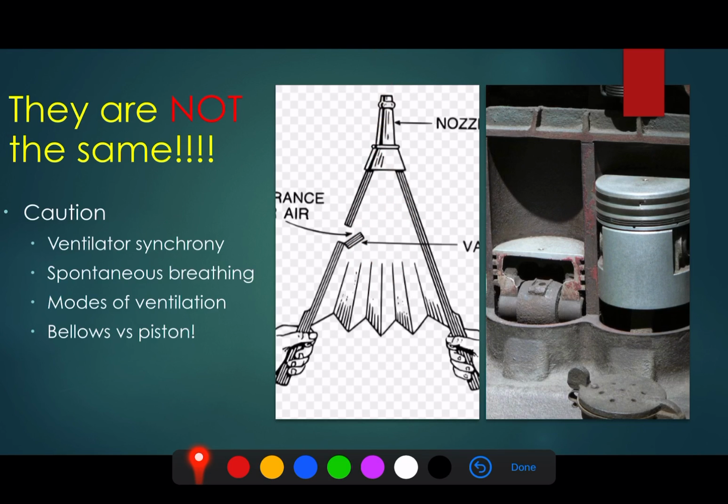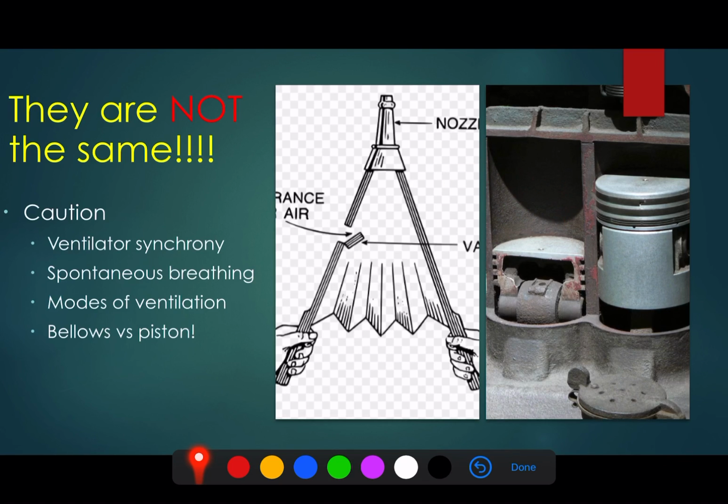An ITU ventilator does something slightly different. It uses pistons, and this is the cylinders that you see in a car, but it's very similar to what you see inside an intensive care ventilator. And what this does is that it pushes air out, and then it comes back, provides a negative pressure, and allows gas to fill in again.